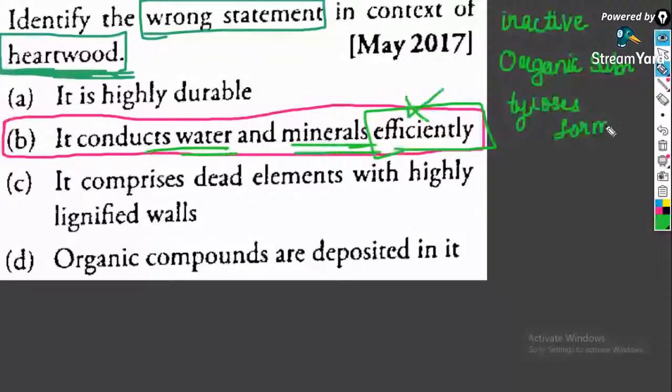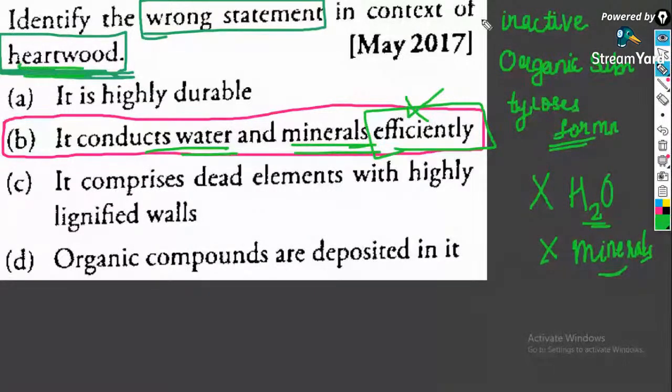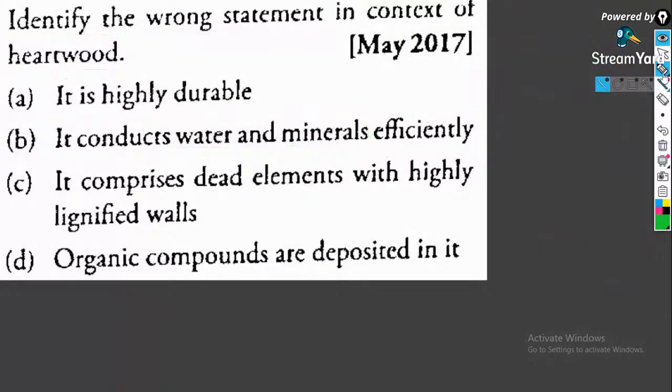So this will not conduct water and minerals efficiently. Will they conduct water and minerals? Yes, they will conduct, but only in a very small amount, not in an efficient manner. So the correct answer for the question is option B. It conducts water and minerals efficiently.